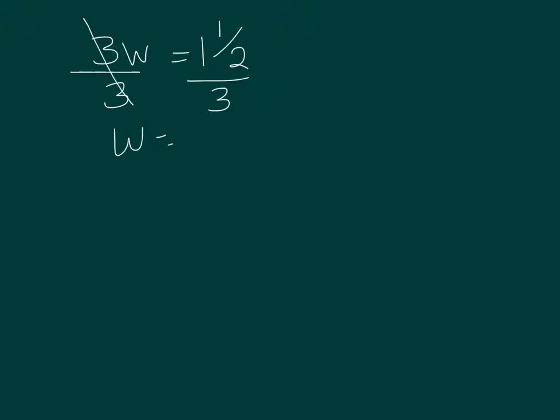Now, to make this fraction here where we can deal with it, let's take 1.5 and turn it into an improper fraction, 3/2. So we have 3/2 divided by 3, which you know we've got to keep it, change it, and flip it.